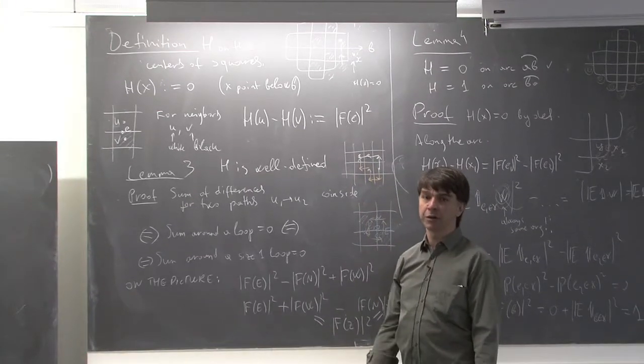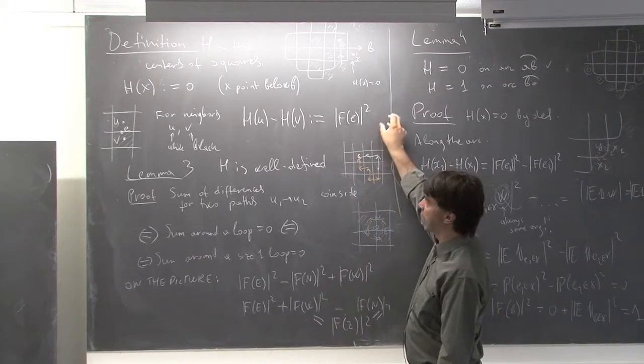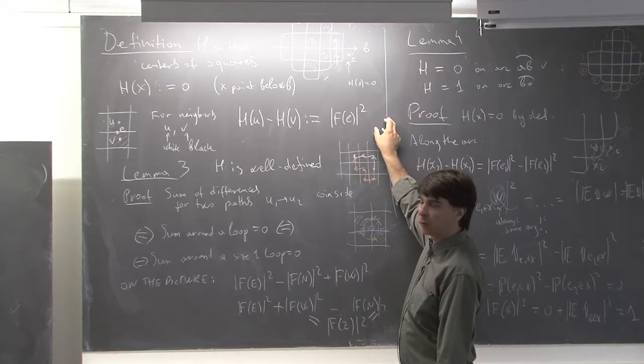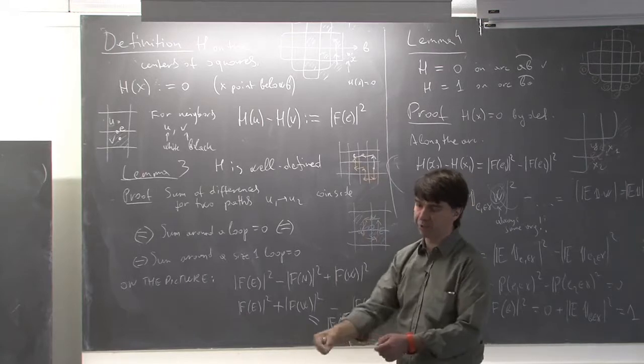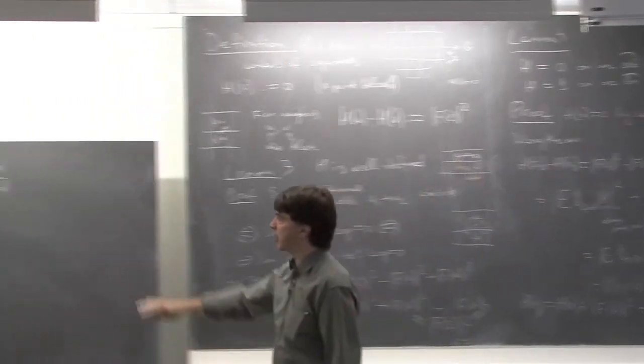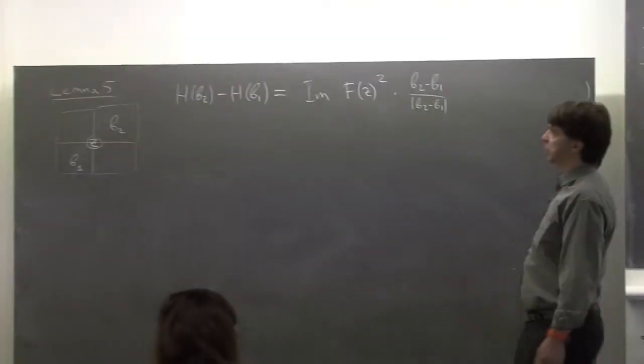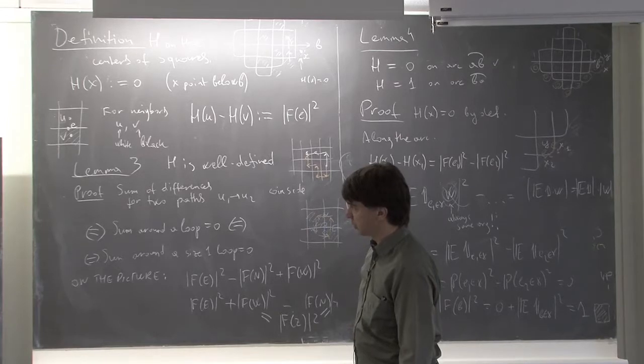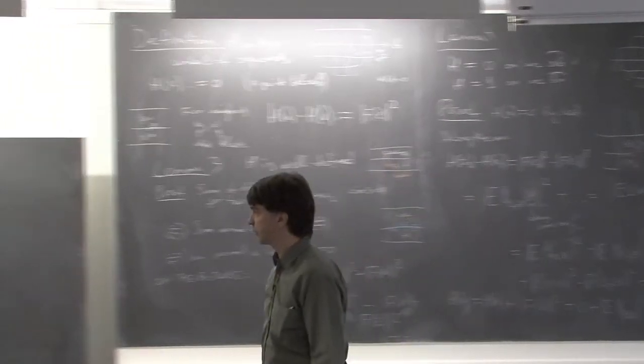Of course, if we want to pass to integrals, we have to multiply by the mesh. I haven't done it, so I'm dividing it here by the mesh. I hope I haven't lost any square root of 2, but we'll see it in the proof.